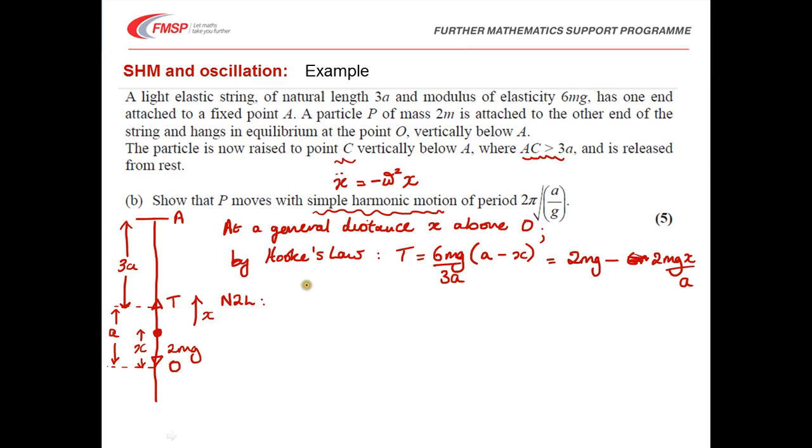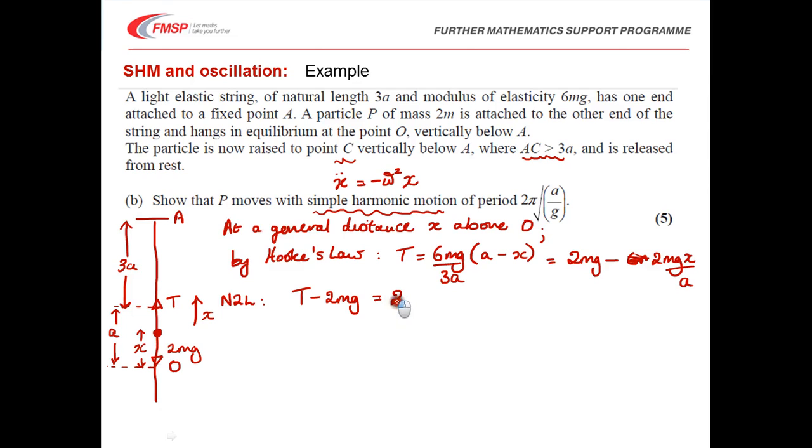Okay, so we need to consider up as positive. That means that the resultant force on the particle is going to be T minus 2mg, and it's absolutely crucial that you get the correct direction on that part of the calculation. So because x is increasing upwards, T is in the positive x direction and 2mg is negative. Okay, so that's our resultant force.